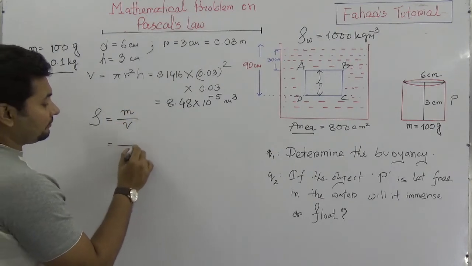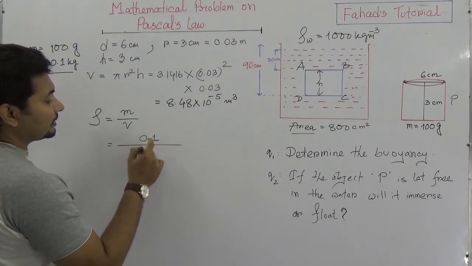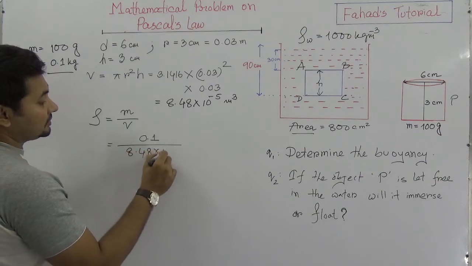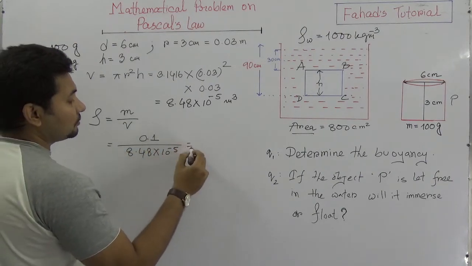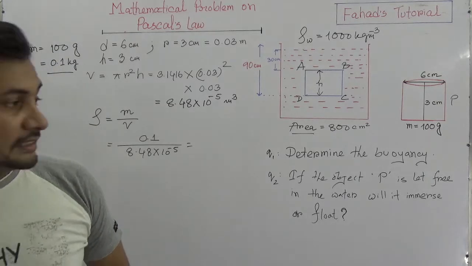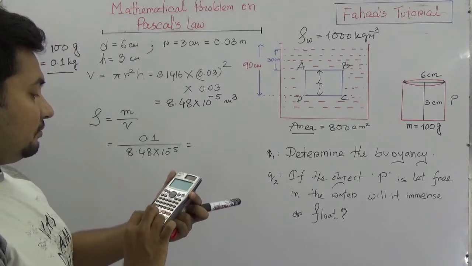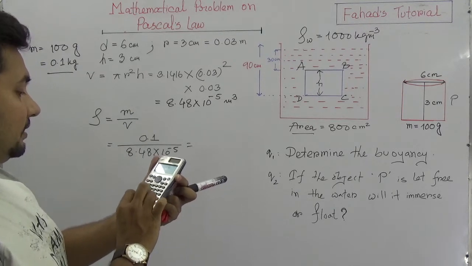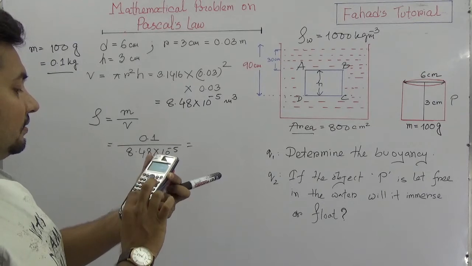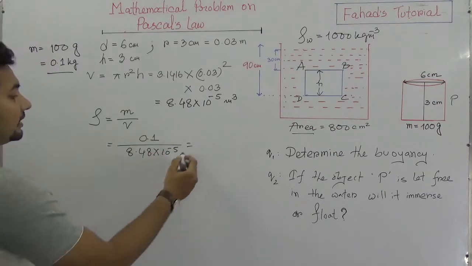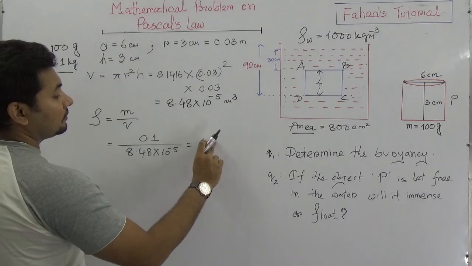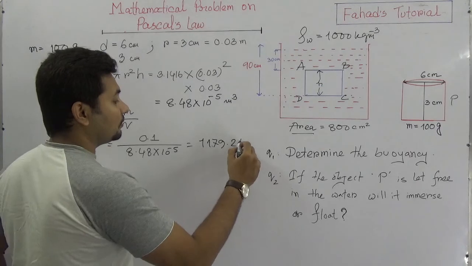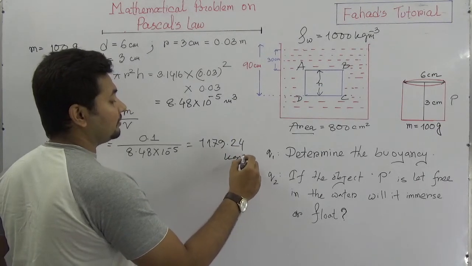We have m, which is 0.1 kilogram, and the v I just got, 8.48 times 10 to the power minus 5. So what is the value of density? 0.1 divided by 8.48 times 10 to the power minus 5 is something like 1179.24 kilogram per meter cube.